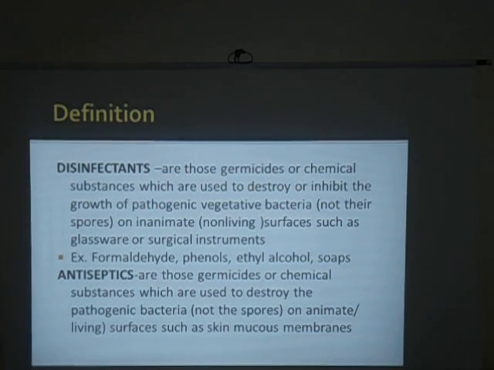So antiseptics are those germicides or chemical substances which are used to destroy the pathogenic bacteria, not the spores. Okay, you need to remember spores means the bacteria which has a covering around the cell. What do these bacteria do?